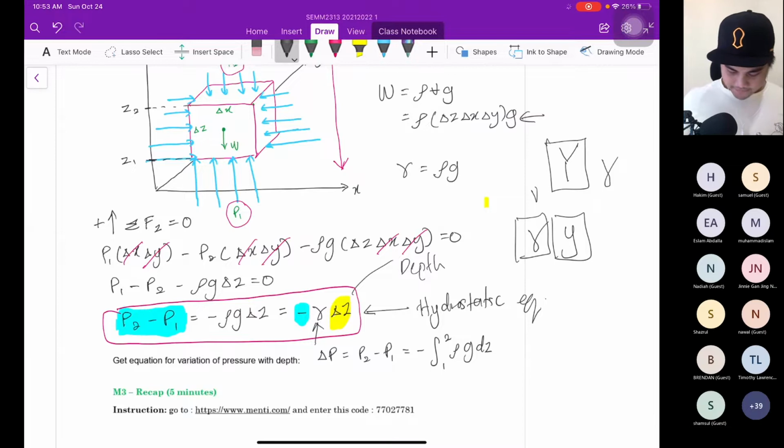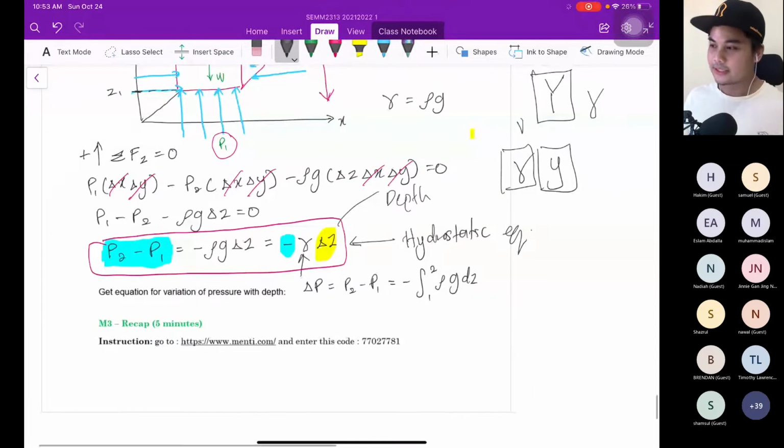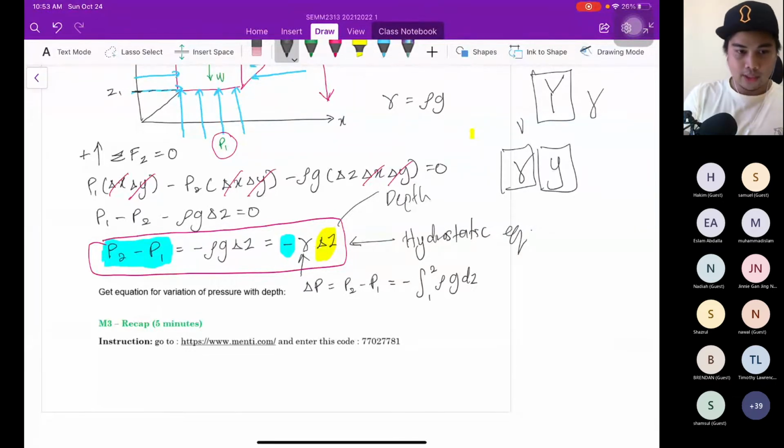Okay, let's have a quiz. I want to see who will be the lucky winner and score the highest mark. Please be ready everyone. We're gonna have the quiz time. I will share you the code.